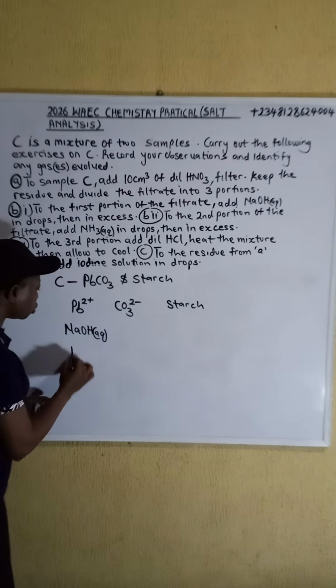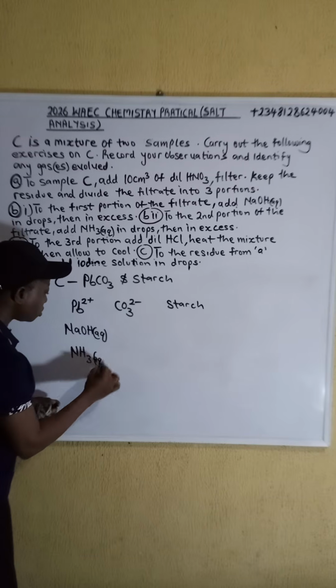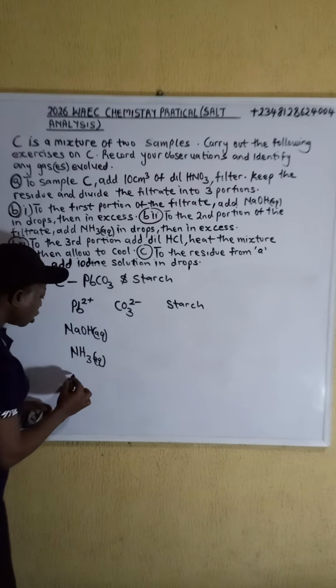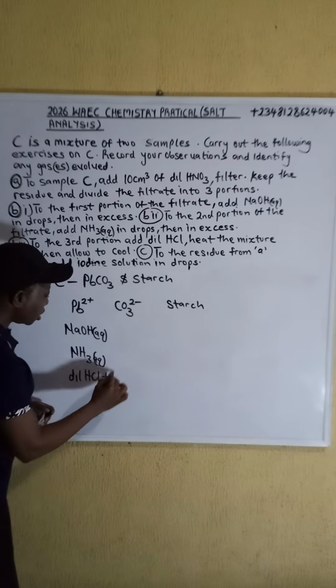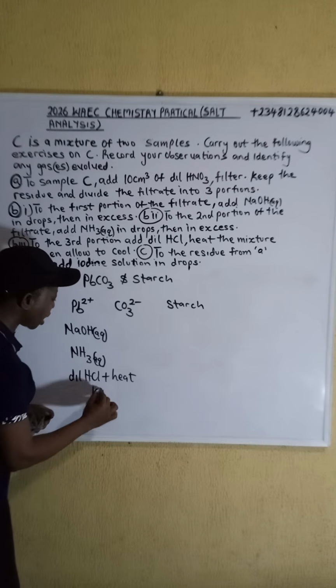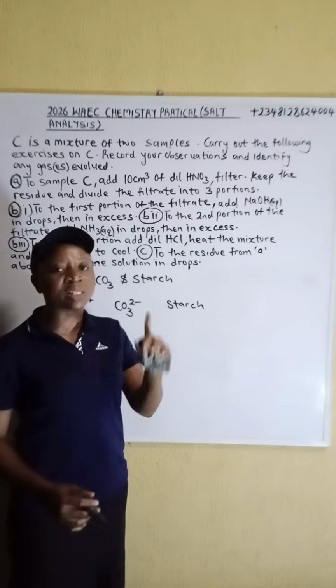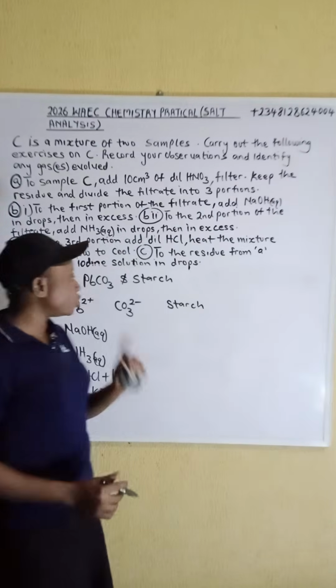Then we can also use aqueous ammonia. Then for lead, we can use dilute hydrochloric acid plus heat. Then we can also use potassium iodide. But potassium iodide is not part of the reagents listed in our practical instruction.